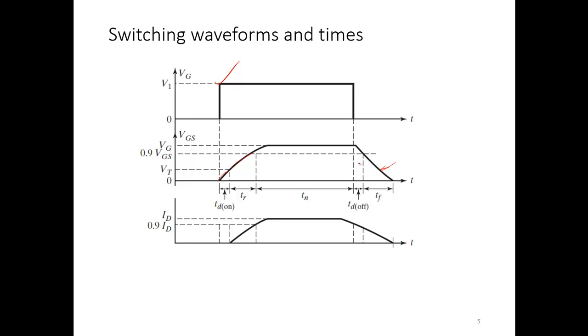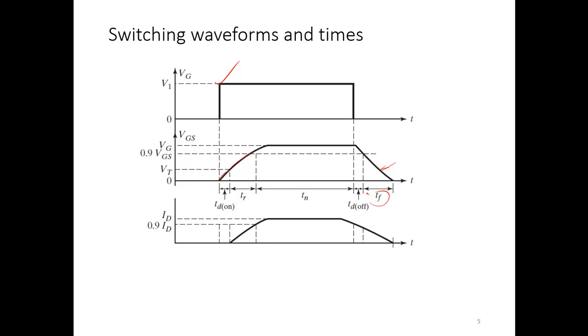There is a particular off time you need for the device. What is important to know is that there's a cycle: the delay time, rise time, on time, the delay off time, and then the fall time. These are the typical ones.